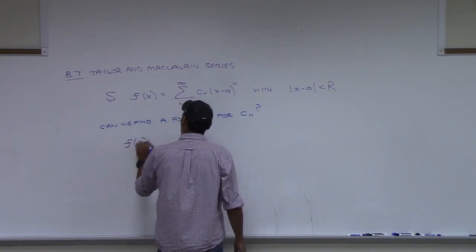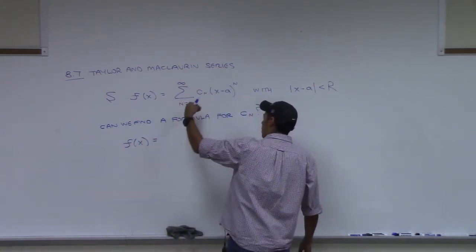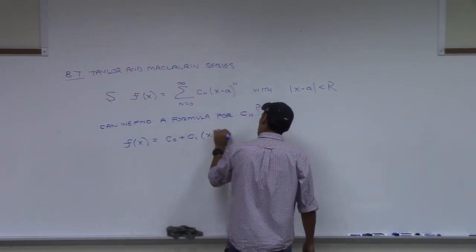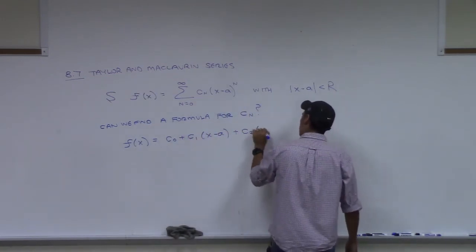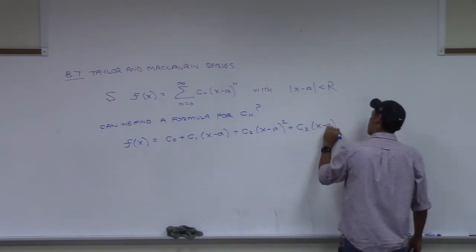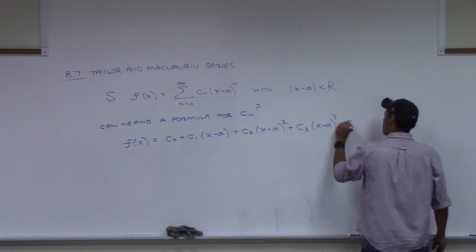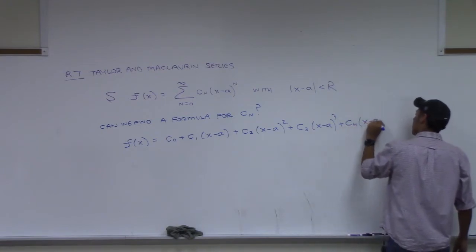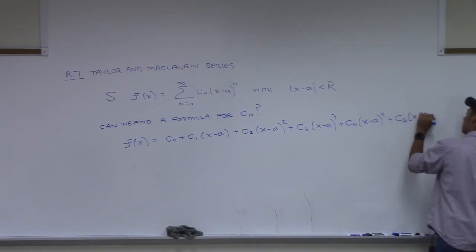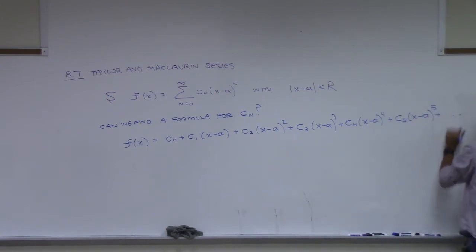If we start plugging in 0, 1, 2, 3, we'll have c sub 0 plus c1 x minus a plus c sub 2 x minus a squared plus c sub 3 x minus a cubed. I'm going to go out quite a few here. Plus c sub 4 x minus a to the fourth. One more. C sub 5 x minus a to the fifth plus dot, dot, dot, dot.